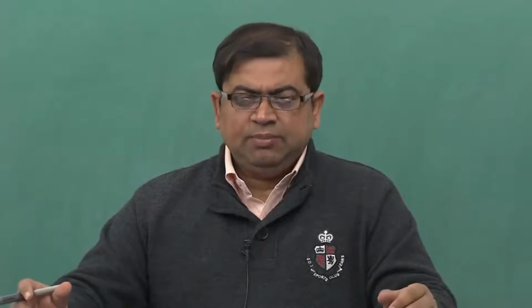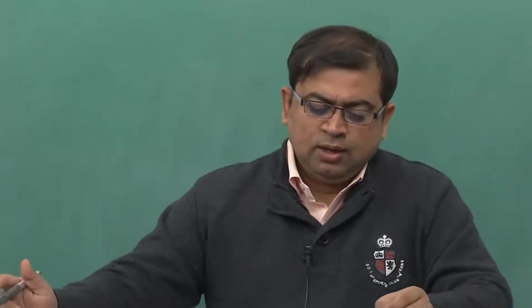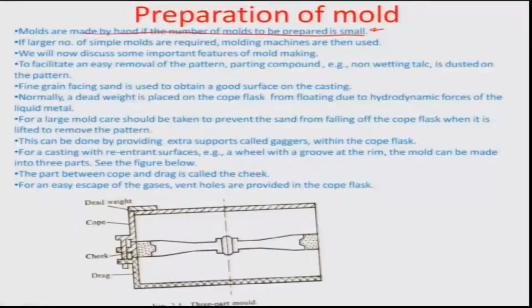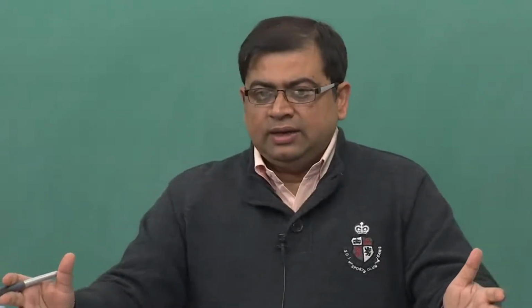So, this whole thing can be a hand operation by the molder, but if a larger number of simple molds are needed, then obviously for yield purposes molding machines have to be used. For example, consider a casting industry which produces, let us say, 50,000 castings a day of small parts. Every time, making these kind of intricate molds is not a possibility, as it has to be a rigorous process of aligning a pattern to the cope and drag half of a casting.